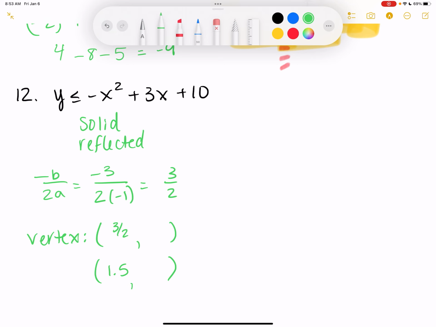So -1.5 squared. Now notice the negative is not getting squared, so that's why I've written it like this. It's just the 1.5 that gets squared, plus 3 times 1.5 plus 10. And I'll just type that in really quick. So 1.5 squared, it's negative, plus 2.25 plus 4.5 plus 10.